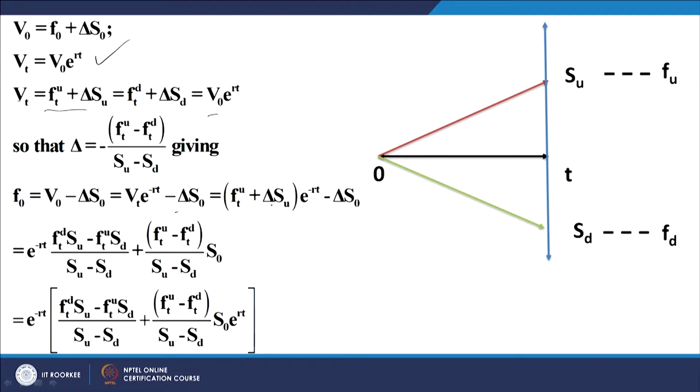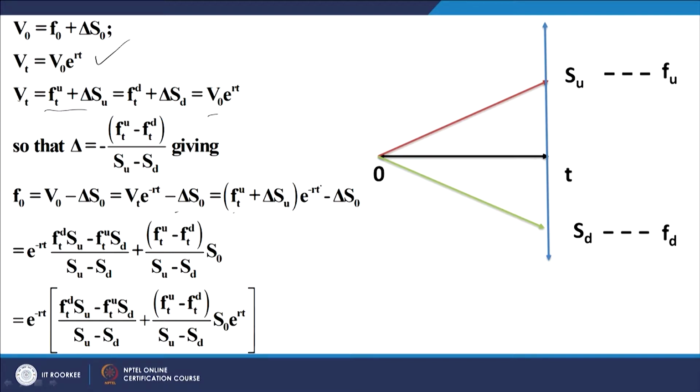VT, you can take either this one or the fd one, it does not make any difference; you end up with the same values subsequently. So, let us take it as fu plus delta Su, e to the power minus rT is VT to V0, and V0 minus delta S0 is f0. This is what this equation represents.